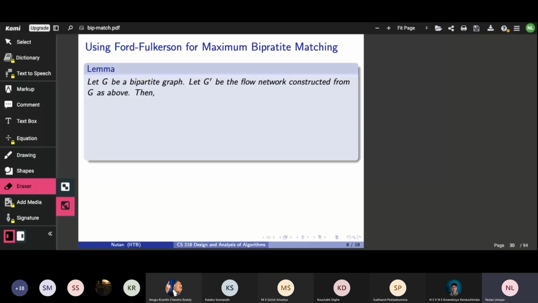Let G be a bipartite graph, let G prime be the flow network constructed as above. Then if M is a matching in the graph G, then there is an integral flow f in G prime such that value of f equals cardinality of M. Okay, that's one direction.